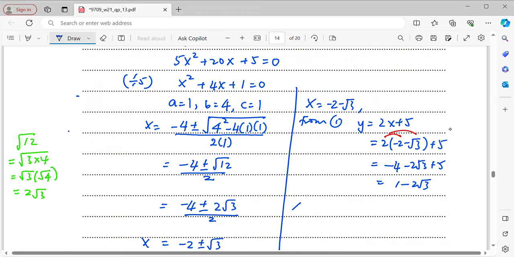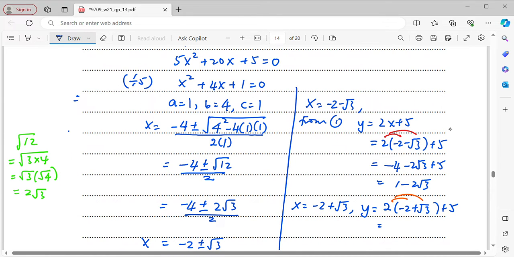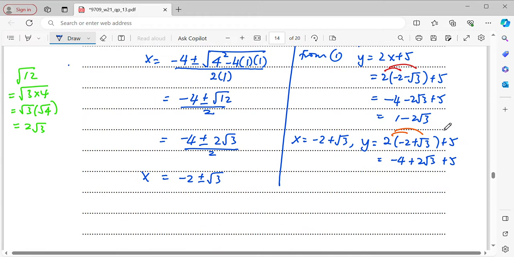Now when x equals minus 2 plus square root 3, your y is going to be 2x plus 5. Again, you do the expansion. Then you will get minus 4 plus 2 square root 3 plus 5, which means it is going to be 1 plus 2 square root 3.